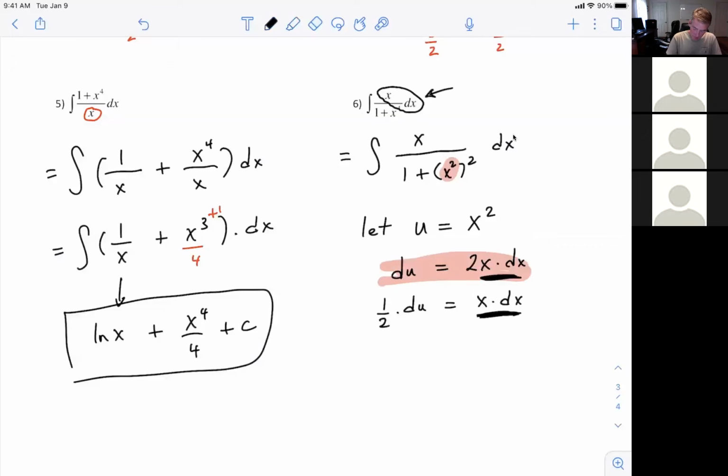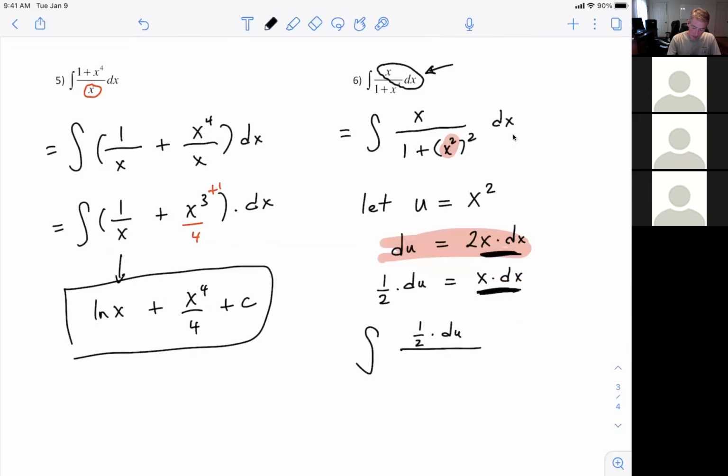So then it's ready for the u substitution. So on the top of the fraction, it had x times dx, and that gets replaced with 1/2 times du. And then this x squared gets replaced with u, so the bottom is 1 plus u squared.